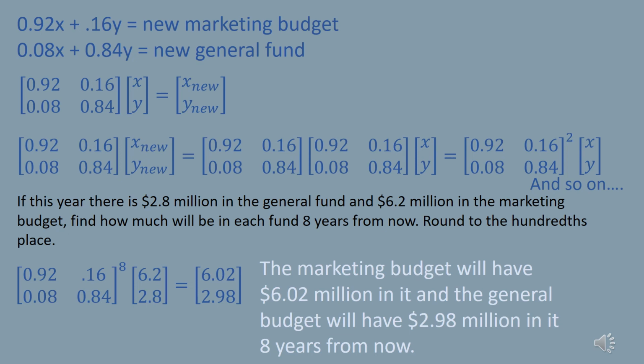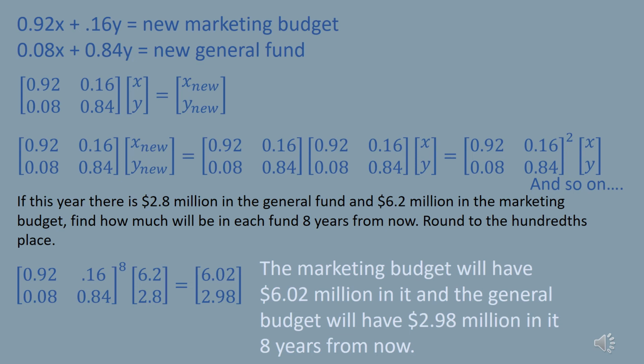So turning that system into a matrix equation, we have the coefficient matrix 0.92, 0.16, 0.08, 0.84. Notice, dot across the row and down the column, and you'll notice that you're building the correct equation that we had above.